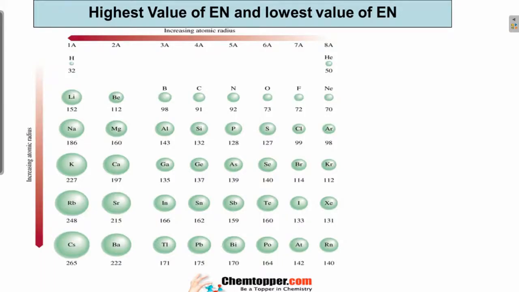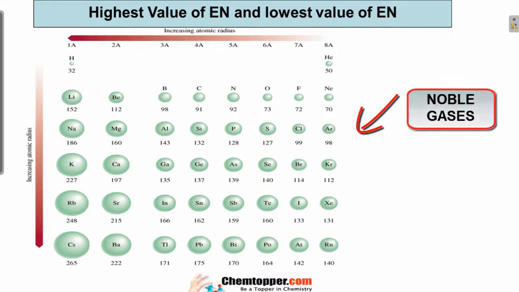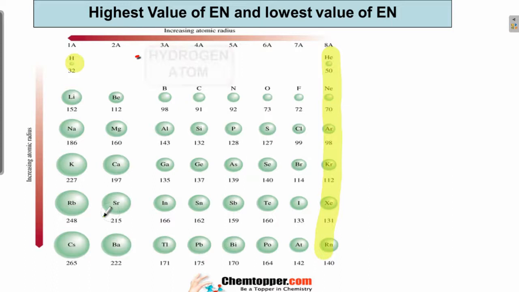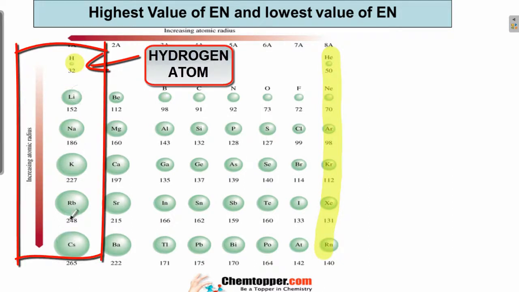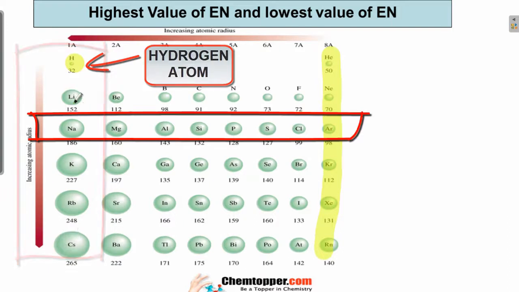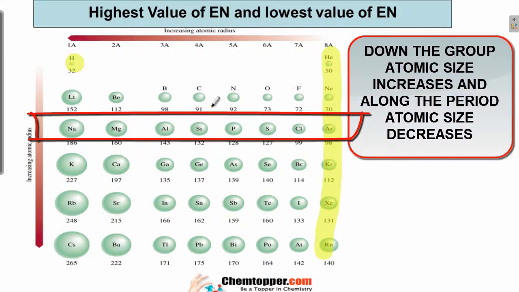As we discuss periodic trends in the periodic table, meaning the variation of properties down the group and along the period, noble gases, the hydrogen atom and radioactive materials are generally exempted. We know that down the group atomic size increases and along the period atomic size decreases.